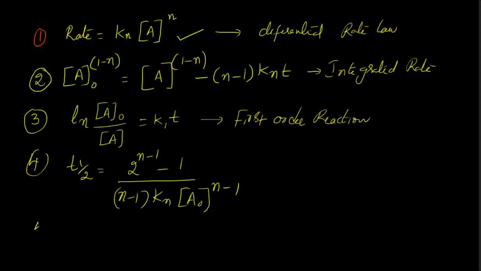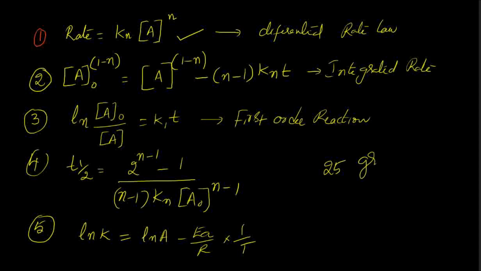And the fifth one, the Arrhenius equation: ln k equals ln A minus Ea by R into 1 by T. So in chemical kinetics, from these five equations, we can draw more than 20, approximately 25 graphs.